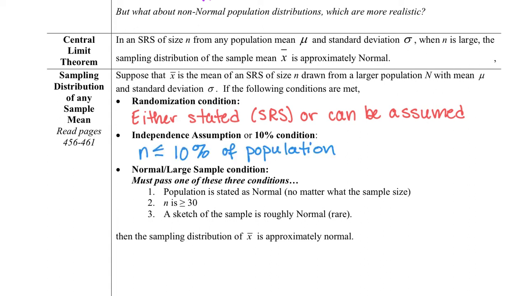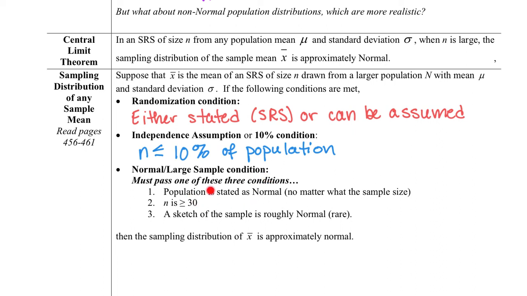Just like in proportions, we have the independence rule that we need to assume or from the problem figure out if our sample size is no larger than 10% of our population, because if we take too much out, then we lose that independence.